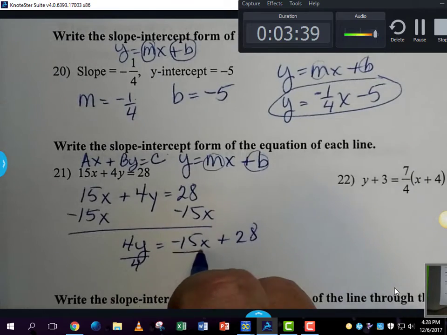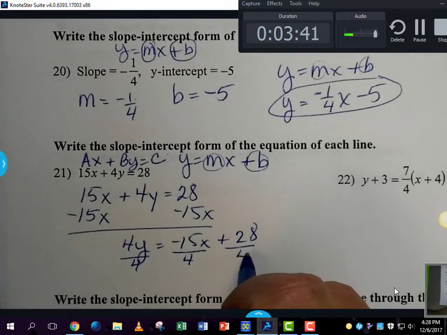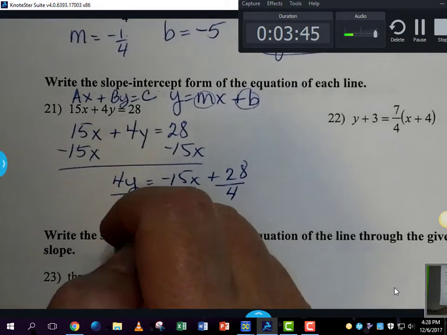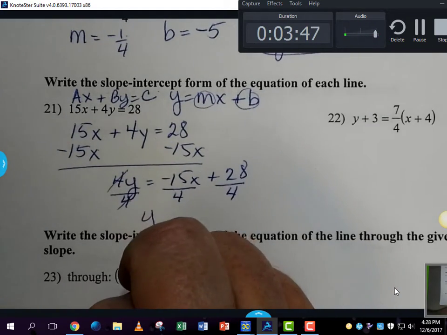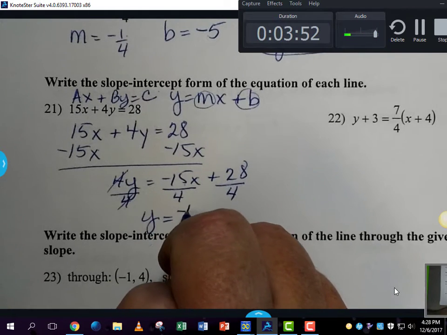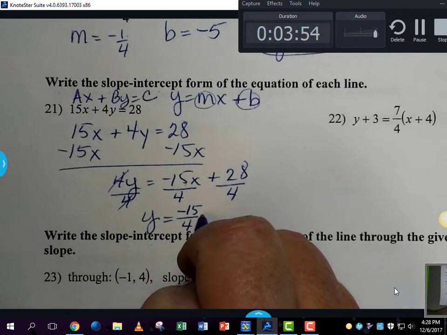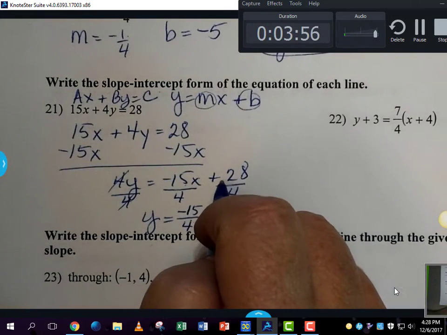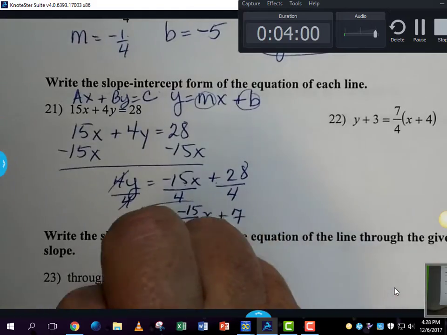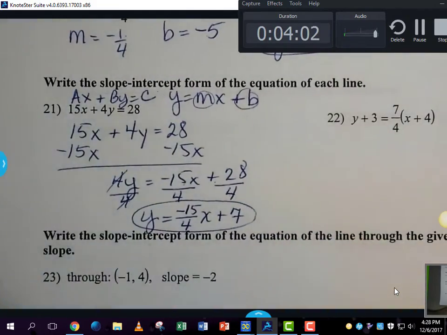Now I'm going to divide every term by 4. 4 divided by 4 is 1. -15 over 4, I'm just going to leave that, -15 over 4 x, a positive 28 divided by 4 is 7. So there it is, slope-intercept form.